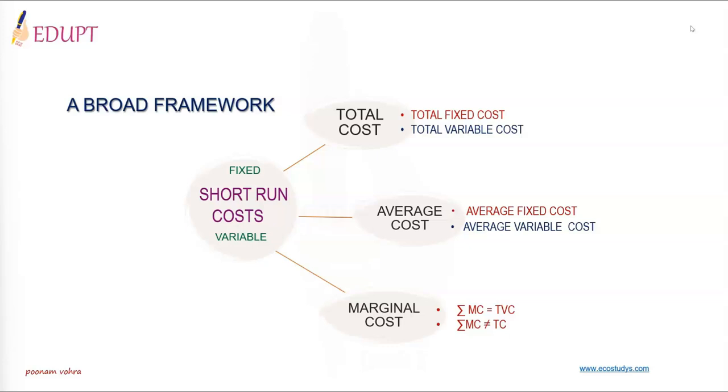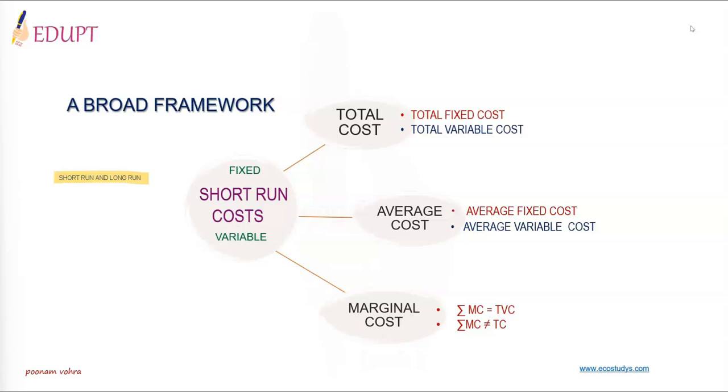So the time periods are distinguished as short run and long run. Short run is a period in which increase in supply is possible up to a given capacity of output, and the output can be increased only by increasing the variable factor. And in terms of cost, variable cost increases.